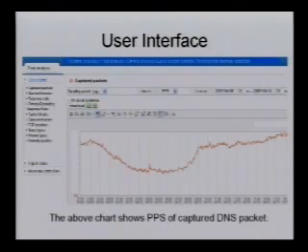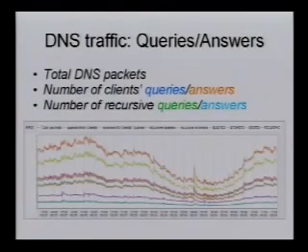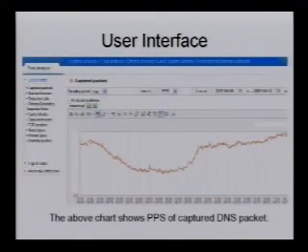Each tab and data submenu shows a ranking of frequently used domains or source IP addresses. This slide shows the number of captured packets on April 9 to 10 with a 1 minute sampling rate. I'll explain this submenu one by one.